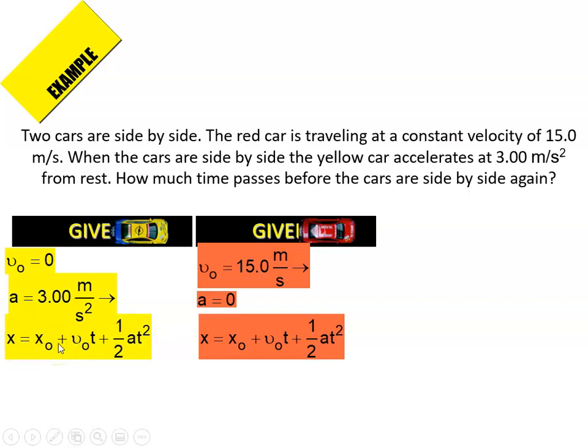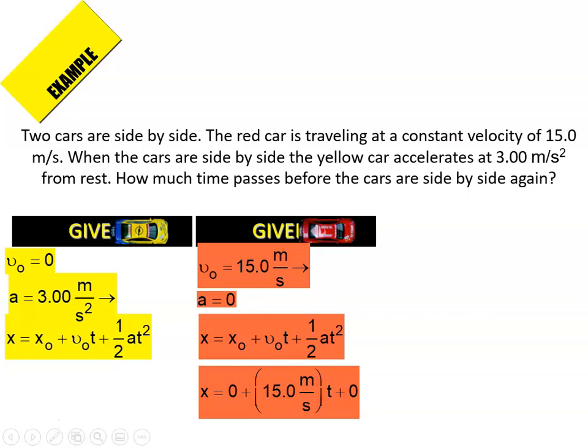The reason we're doing that is because there might be problems where, say, maybe the yellow car doesn't start accelerating until after the red car is maybe 3 or 4 or some number of meters in front of the yellow car. And in that case, the red car and the yellow car would have different values for their initial positions, but we still want to solve it so that they have the same values for their final positions. In this problem, their initial positions, x naught yellow and x naught red, are the same.